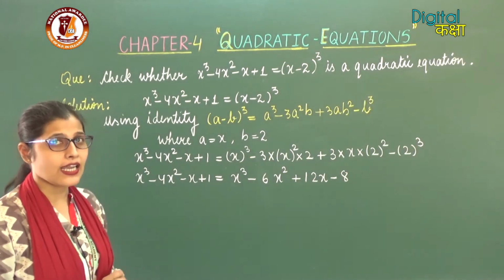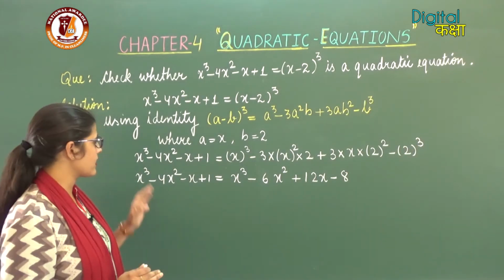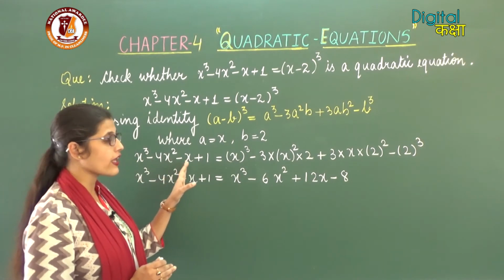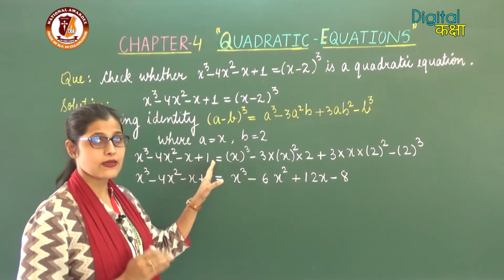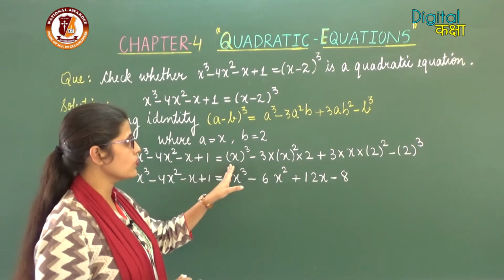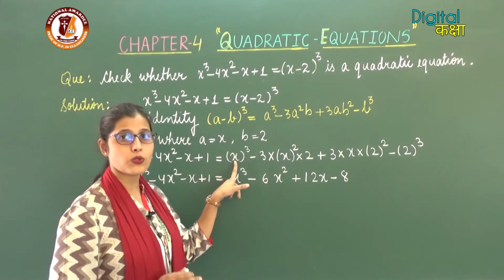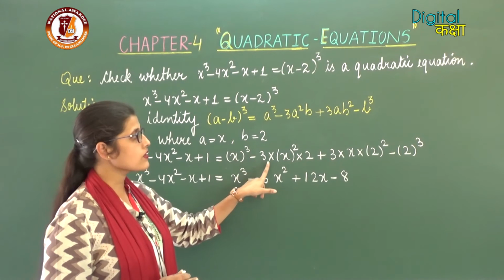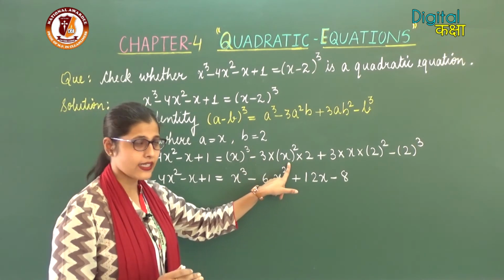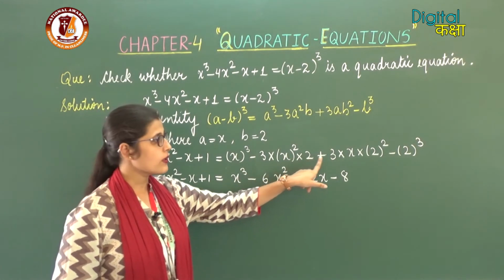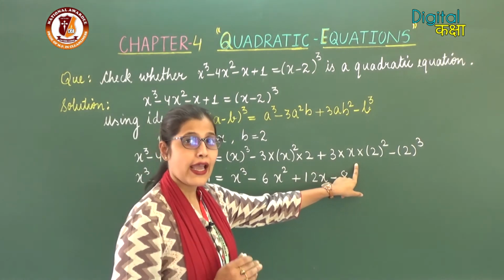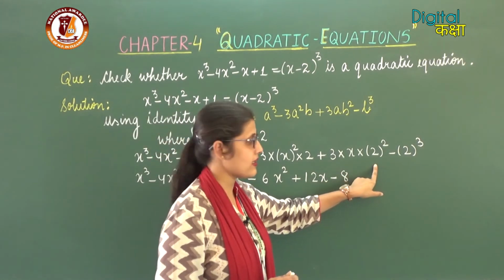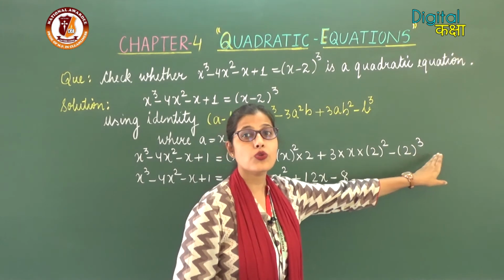On expanding the identity, we will get x cube minus 4x square minus x plus 1 equals to a cube, which is x cube minus 3 into x square into 2 plus 3 into x into 2 square minus 2 cube.